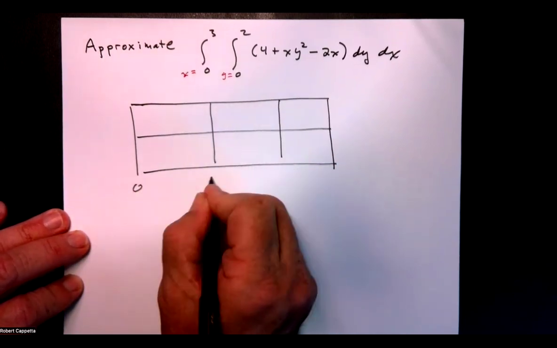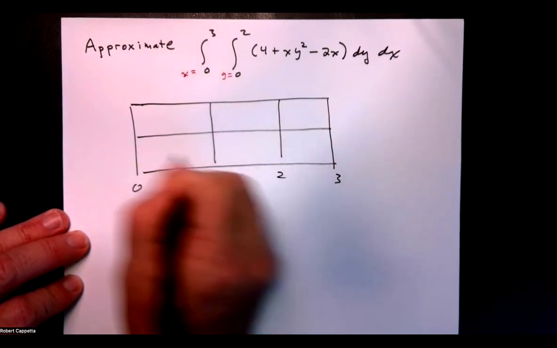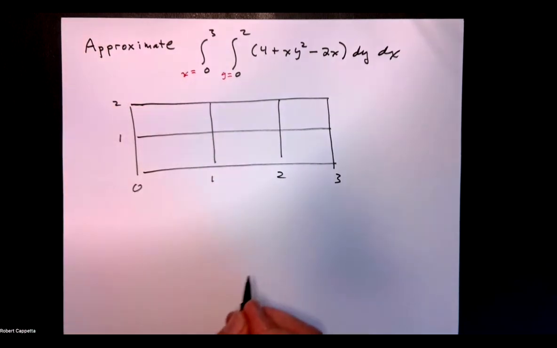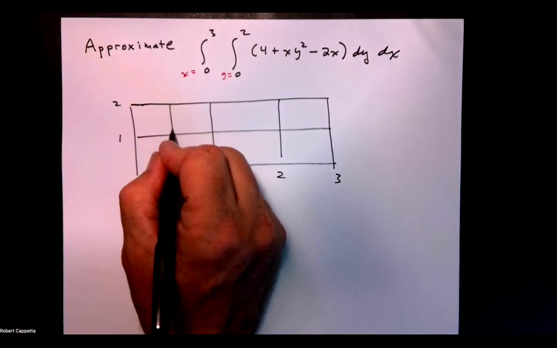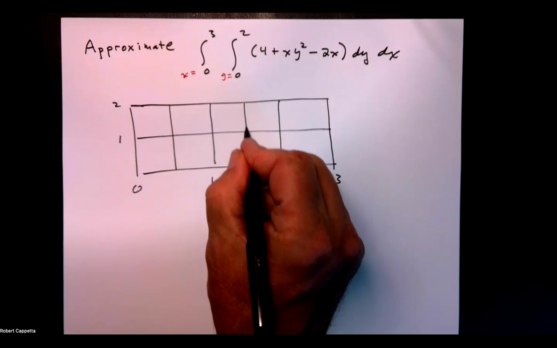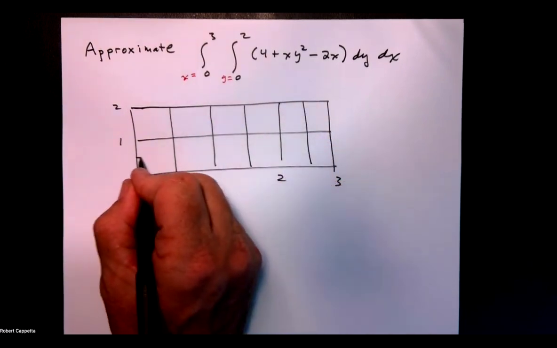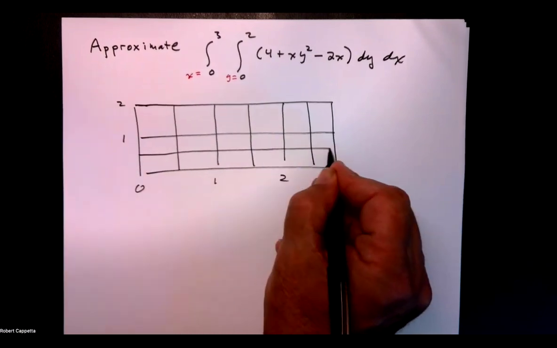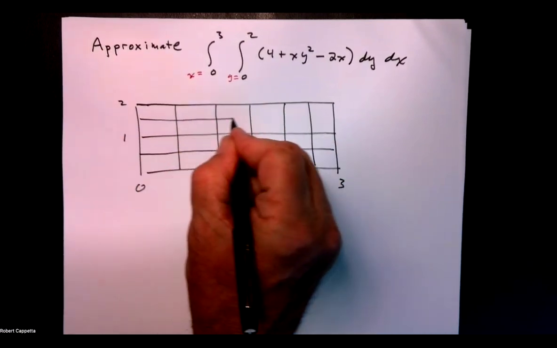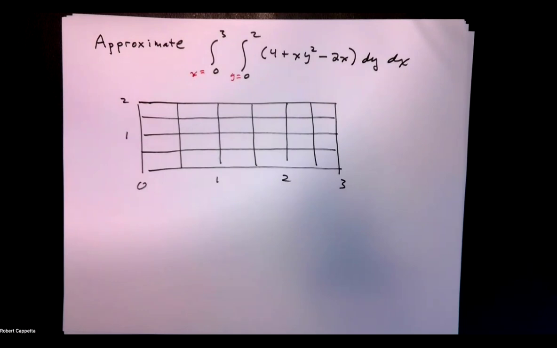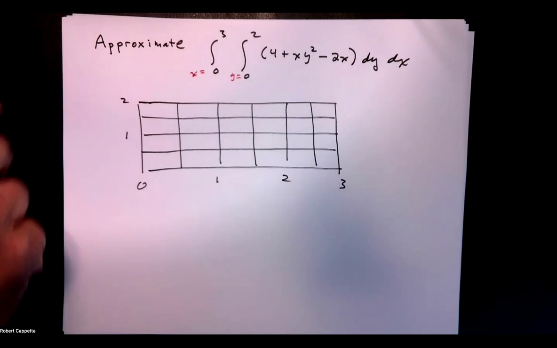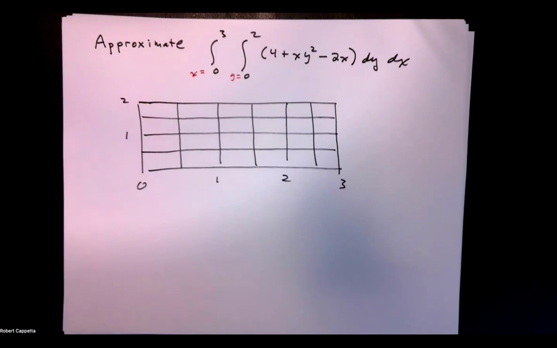So we have 0, 1, 2, 3, and 0, 1, 2. But let's go ahead and separate all of these as well, to just increase the number of rectangles that we have. So moving across, it looks like a total of 24 rectangles.